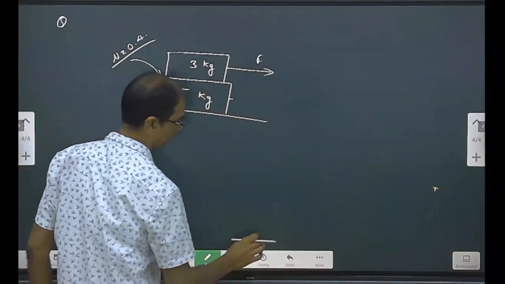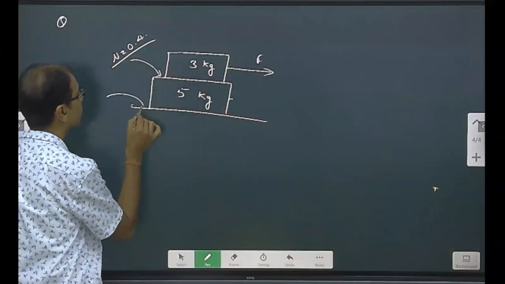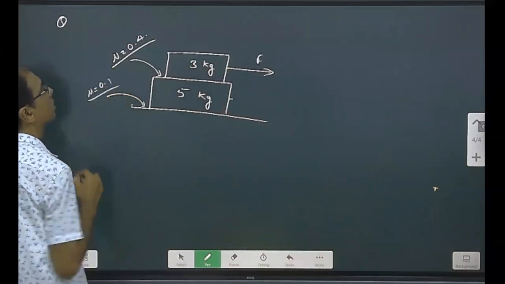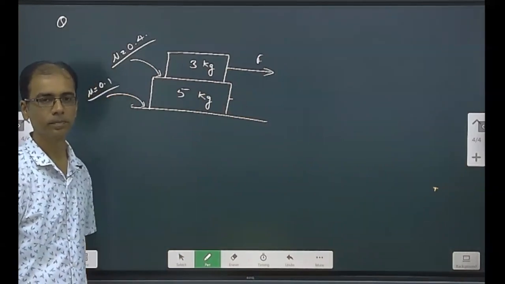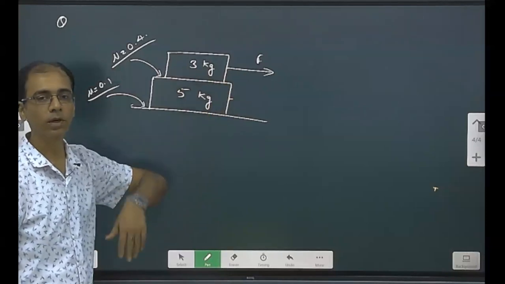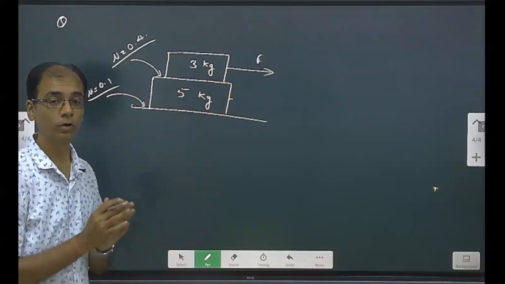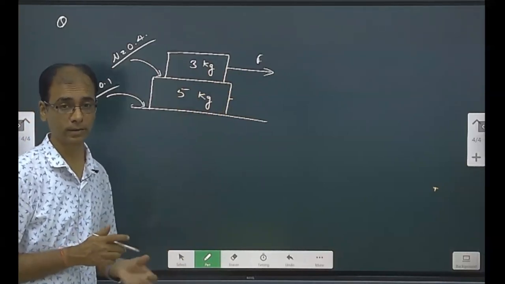Here also friction is there. Okay. So let's say here friction is 0.1. Now question is same. Find the maximum value of force F so that the two can move together. So far we are doing for together only. After this is clear to you, I'll be going for the different accelerations.